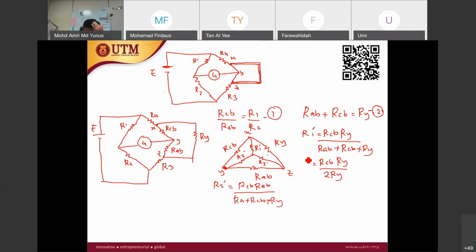Okay. And we can write that as RCB multiply with RAB over 2RY.